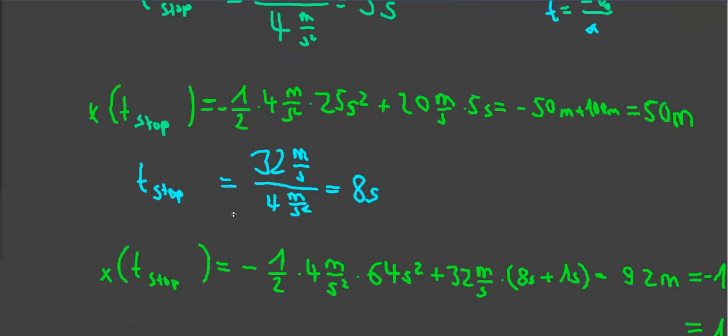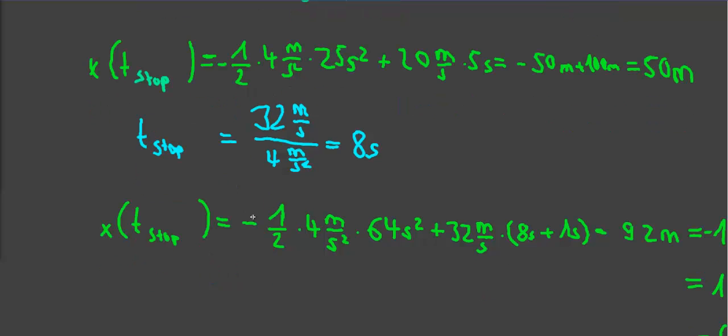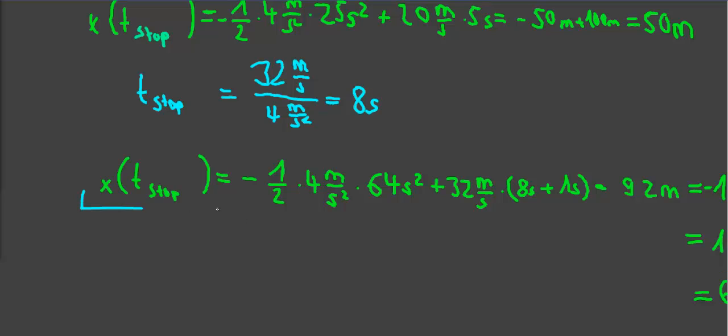The question is, are the 92 meters enough for the car to decelerate fast enough? So we get x of t stop, where it stops. We calculate the braking distance by 1/2 a t squared plus v times t plus x0.